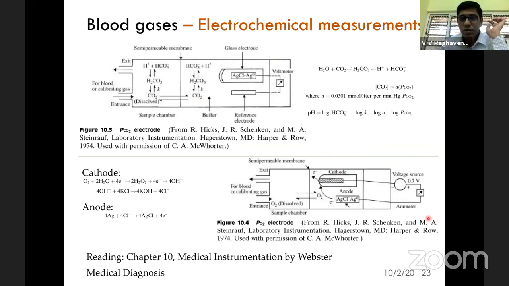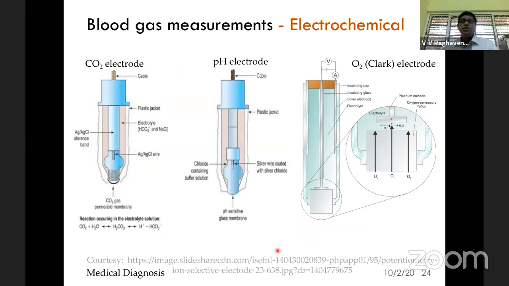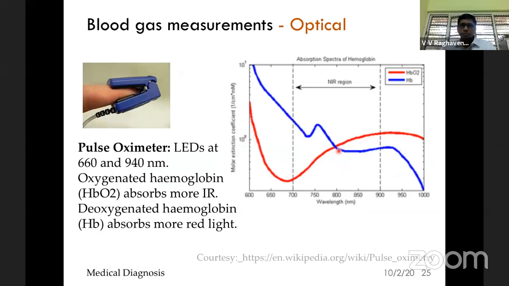For detecting O2, you need this external power, and then this electrode operates as an amperometric sensor. So this is how these electrodes look. The CO2 electrode looks almost similar to the pH electrode, whereas the oxygen electrode is slightly different.